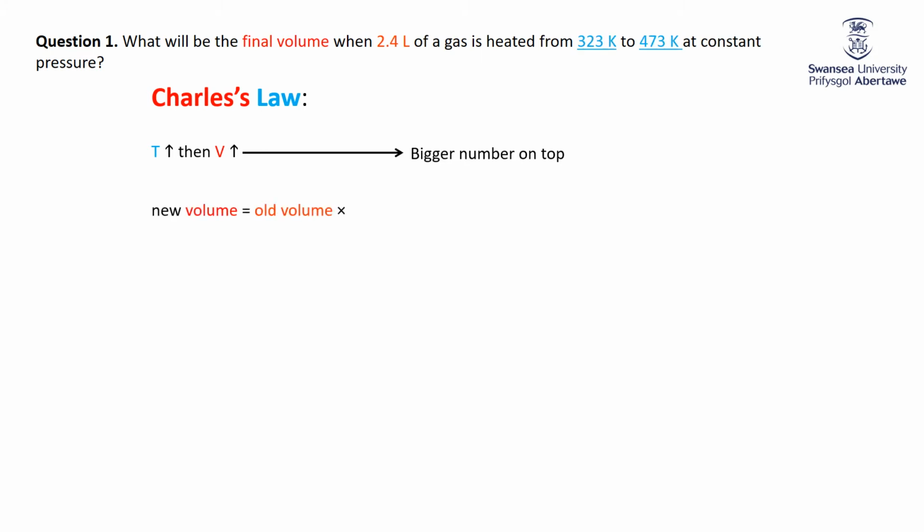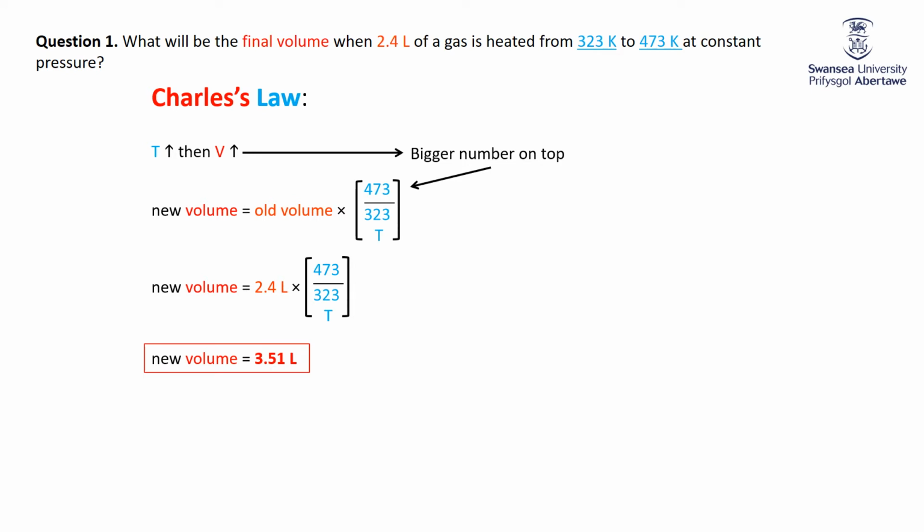So new volume is the old volume multiplied by that ratio of the temperatures, the bigger number on top, 473 over 323, because we know that our final volume, the new volume, is going to be bigger than the old volume. So pop in that old volume, 2.4, and we get that the new volume is 3.51.